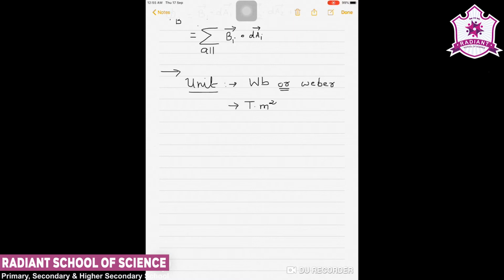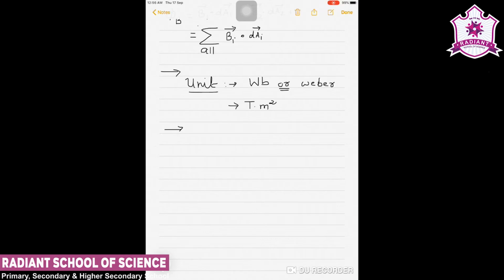And obviously the dimensional formula is given for the magnetic flux. It is the same as it was for the electric flux.